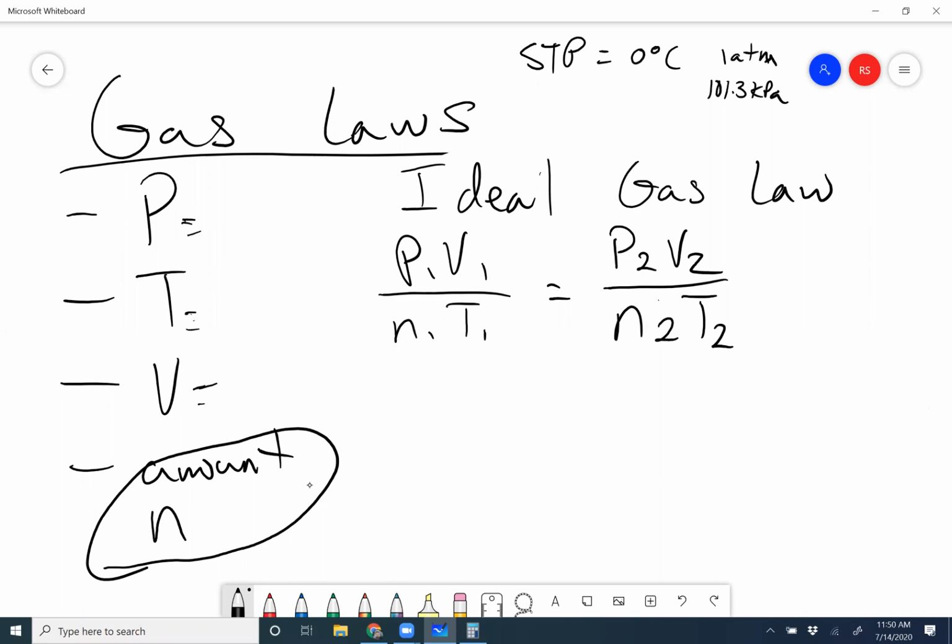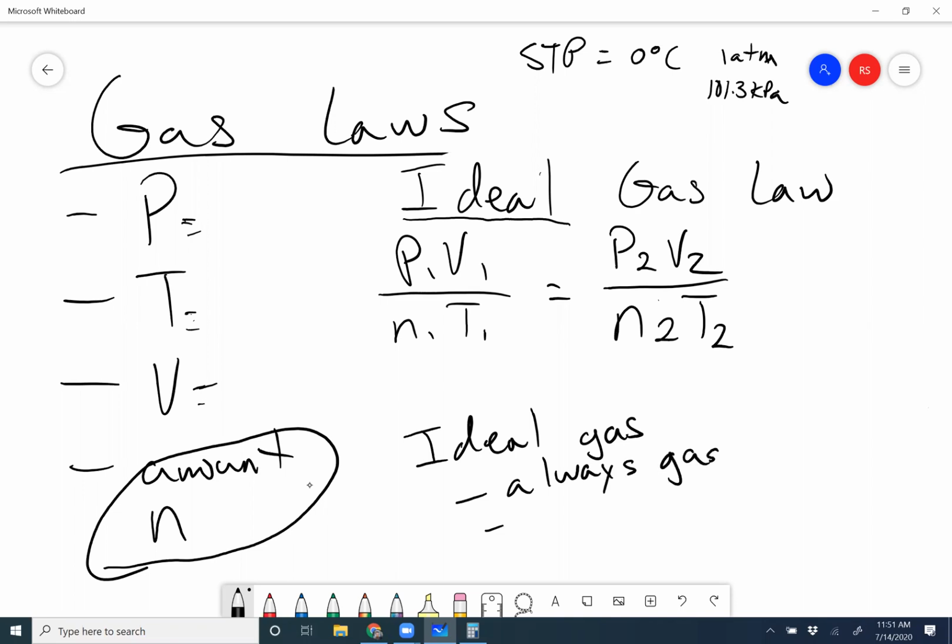But there's a reason why it's called the ideal gas law. What is an ideal gas? Ideal gases are always gases, meaning they can't be compressed or condensed.